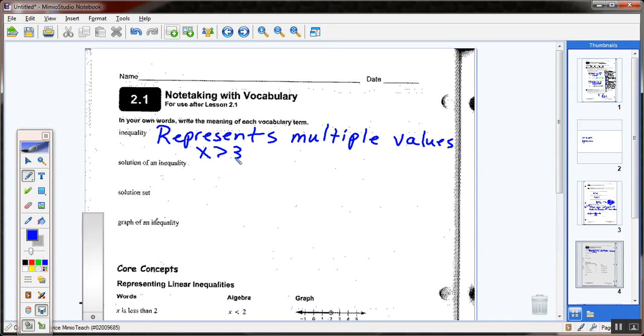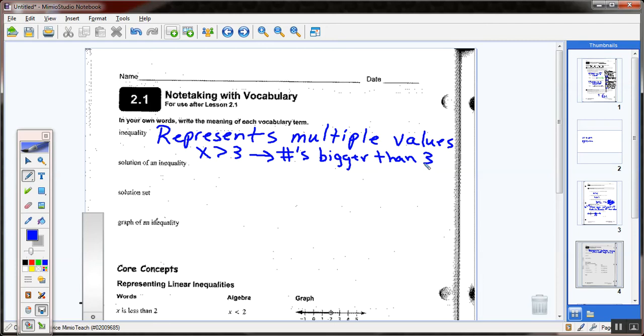This is really a representation of multiple values. So if you ever hear the word inequality, you just simply say it's a way to talk about multiple numbers. We compare it to something. It represents multiple values.